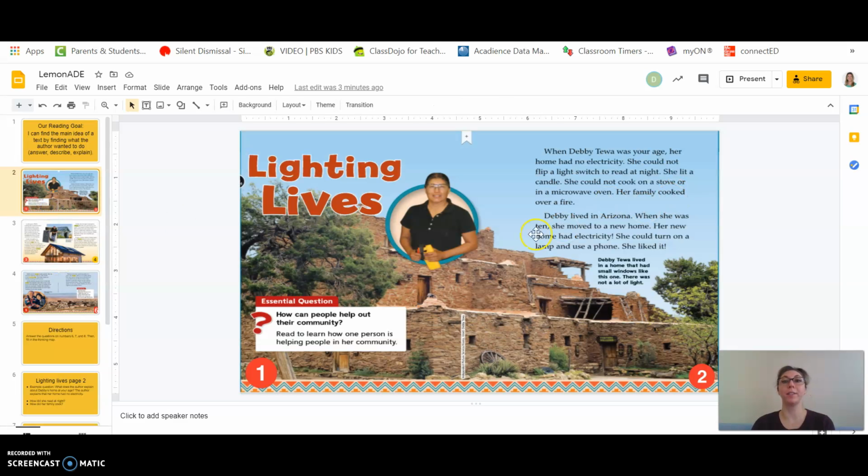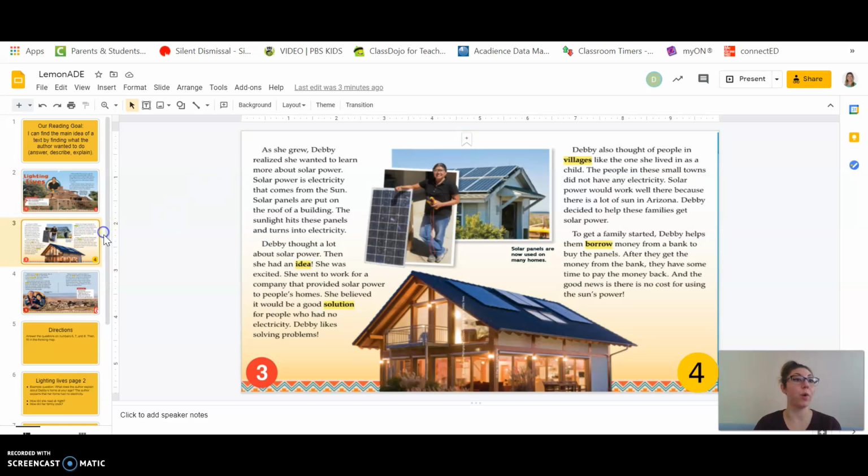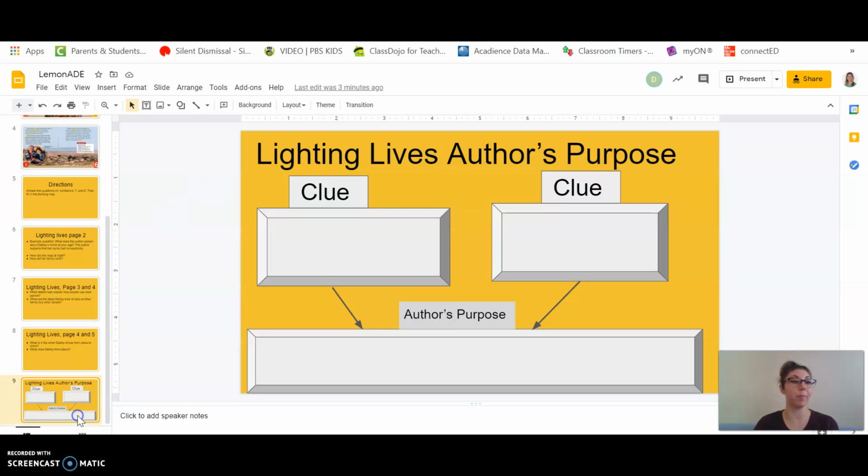So for example, you might look back in the text and find details that you think help show the author's purpose was either to answer a question, describe something, or explain something. And you're going to write those two details from the text here in your clue boxes.